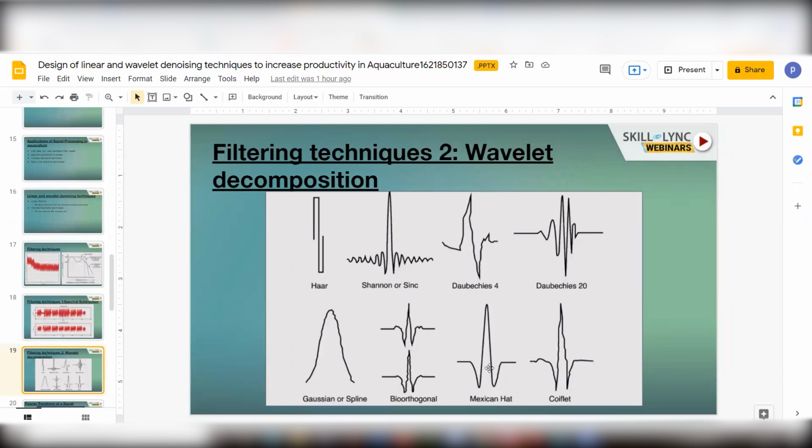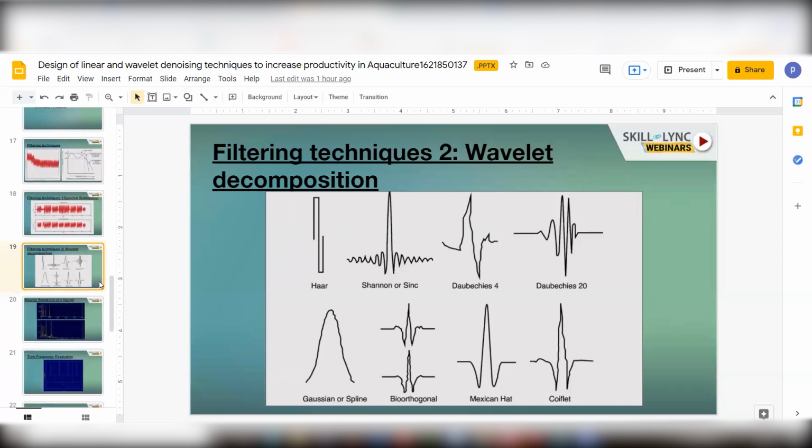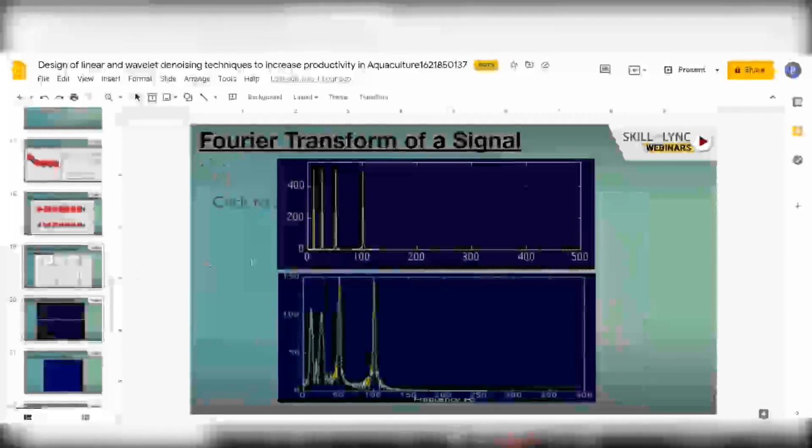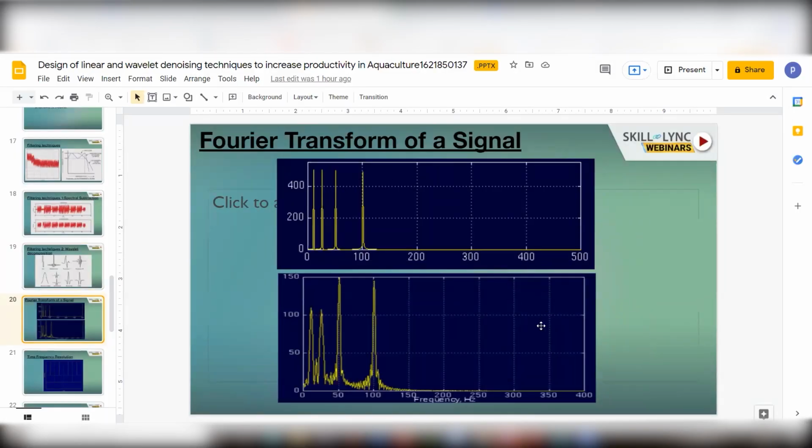This is the basic definition of wavelet decomposition or wavelet transform. I'll be explaining it further. But before I proceed, you'll have to understand the difference between the signals on which we can apply wavelets and signals on which we can apply normal filtering techniques. So this is the spectrum of two different signals.